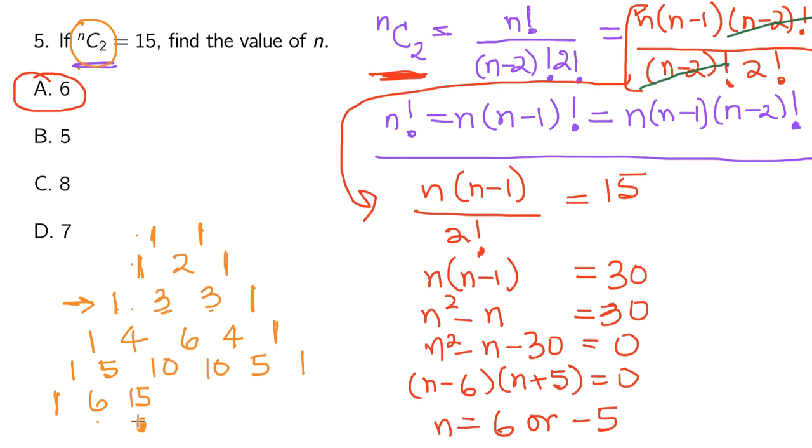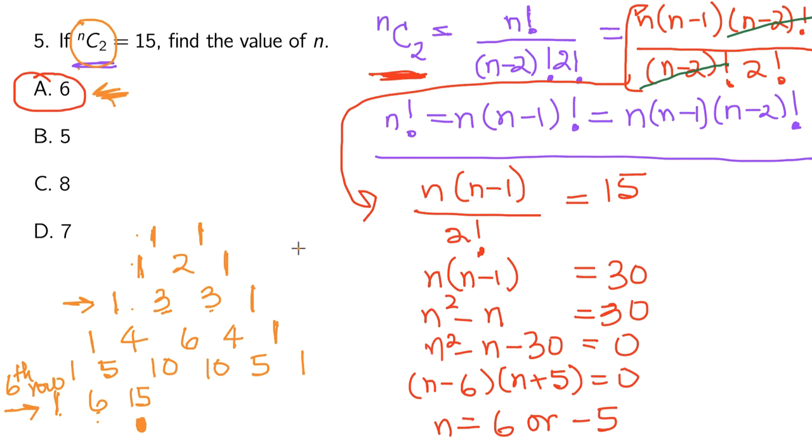So 6 combination 2 is 15 according to Pascal's triangle, and so we found our answer. Because this is our 6th row and we have 6 combination 0 being 1, 6 combination 1 being 6, and 6 combination 2 being 15, we know that the answer has to be n equals 6.